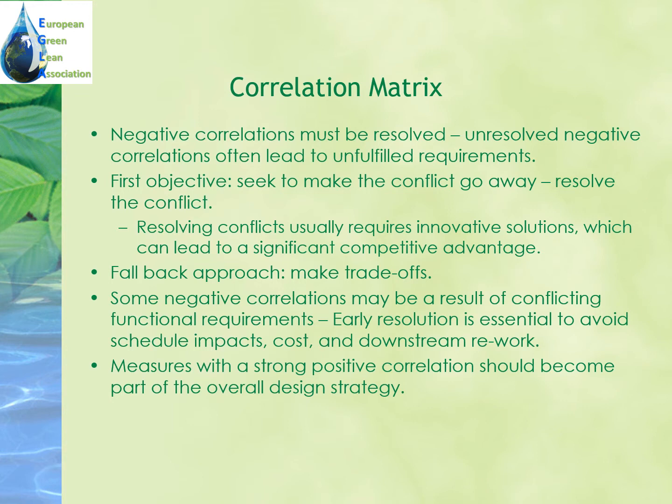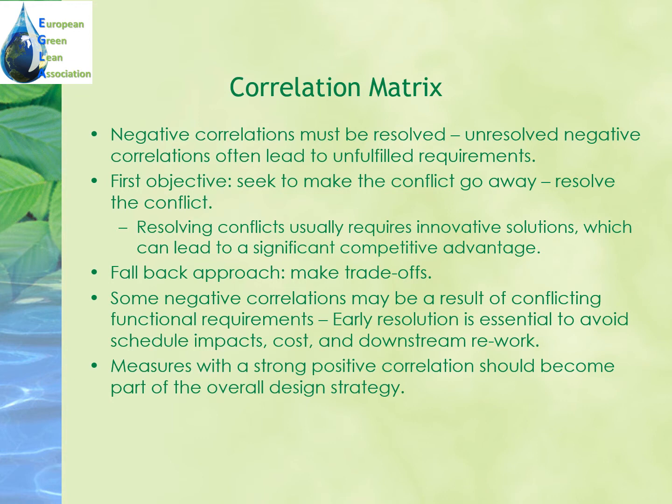Resolving these conflicts usually requires some innovative solutions, which can really lead to a significant competitive advantage, like you have heard in the previous training materials regarding innovations. Another option is a fallback approach. You have to make trade-offs. You have to think how we can remove this conflict, what we need to change in the requirements so that we don't have a conflict anymore.